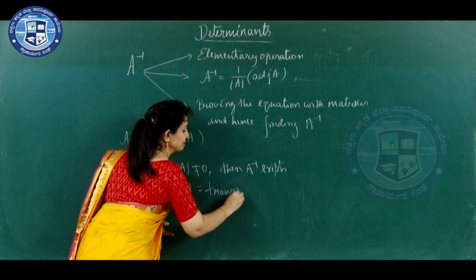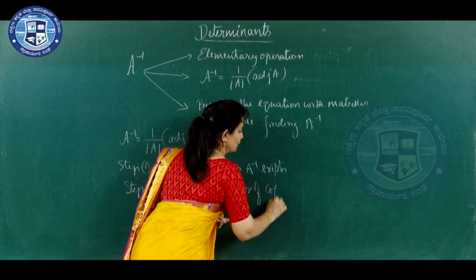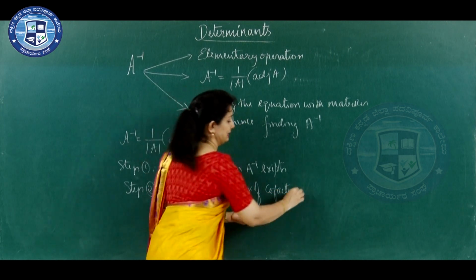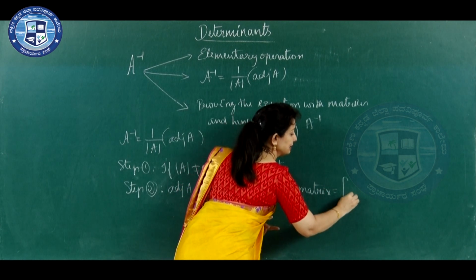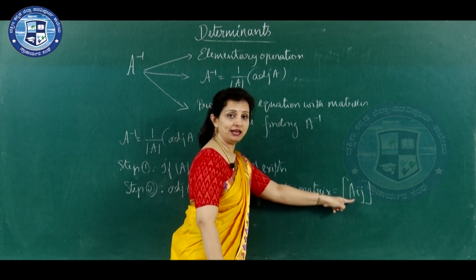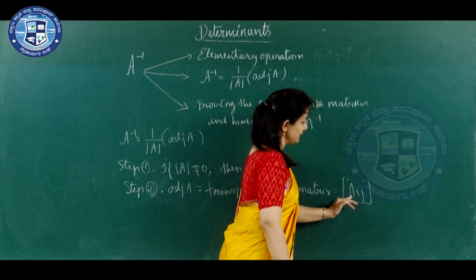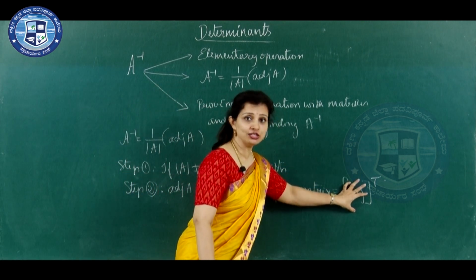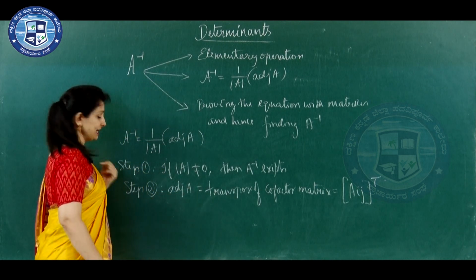The cofactor matrix can be written as Aij, and its elements are the cofactors. Aij is a general representation of a cofactor. So, find the cofactors of each element of a determinant and get the transpose of it. We will get adjoint A. That is the second step.